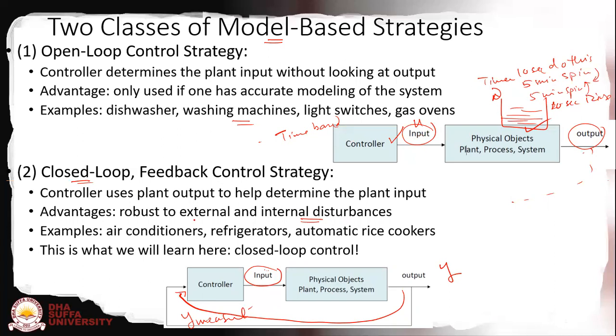So for internal as well as external disturbances, the controller will take proper action and avoid any wastage or excessive control actions. Examples are air conditioners, which are feedback closed loop control, refrigerators, and automatic rice cookers, which are also closed loop control.